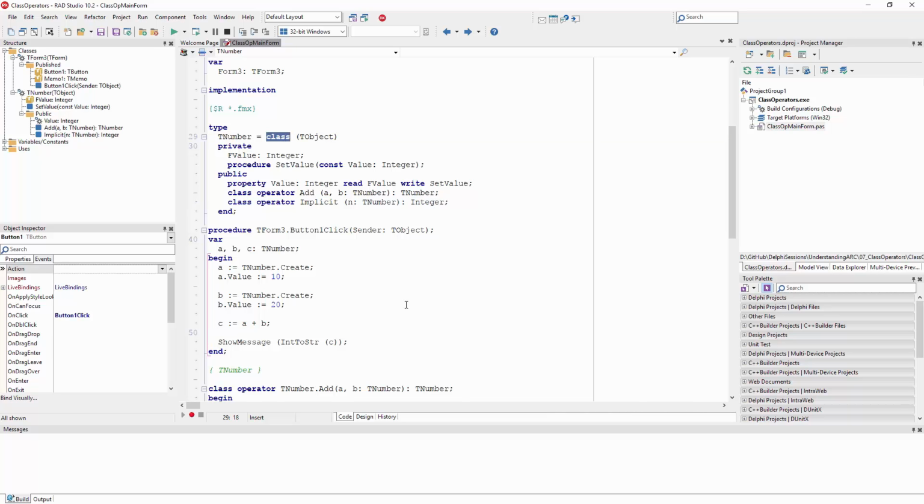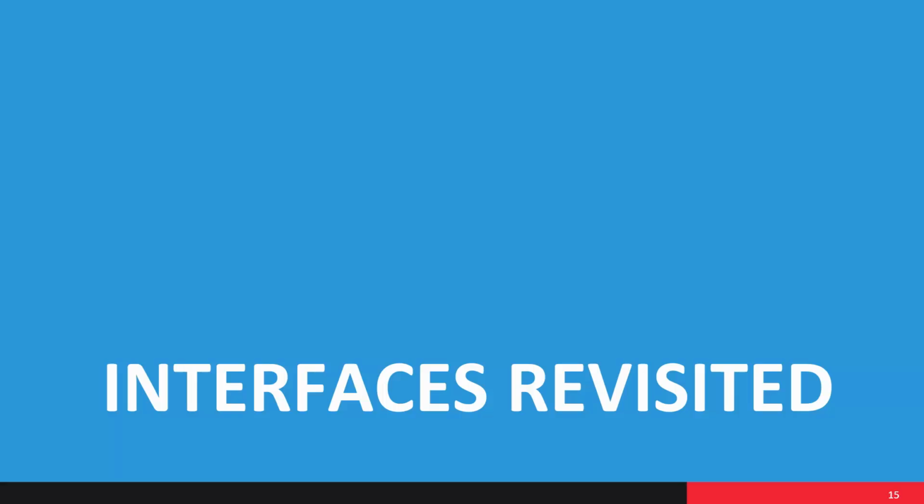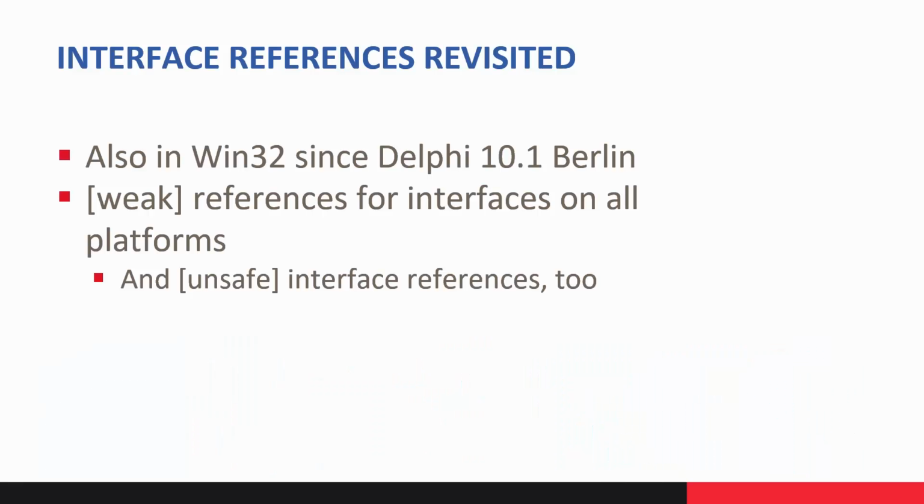So again, same rules for records, but applicable to class types. Finally, I want to spend a second on interfaces again, because since Delphi 10.1 Berlin, on Win32 you can have weak and unsafe interface references alongside the traditional interface references.